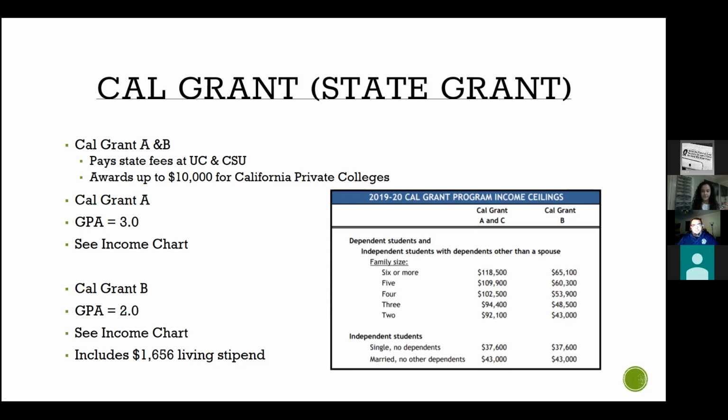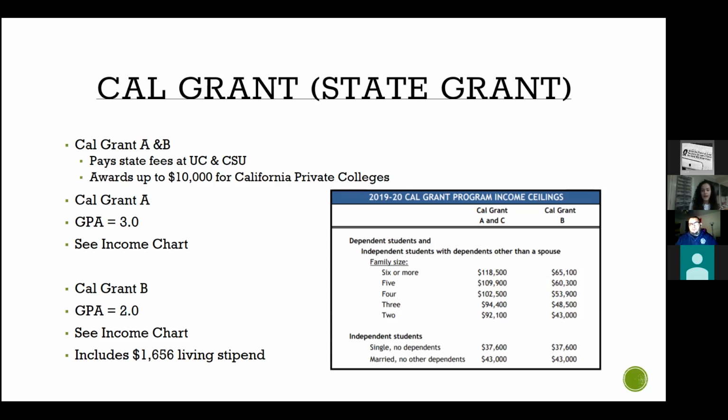At this point, admissions decisions haven't gone out, so unless you have been admitted and you know you're going to that specific university, I would contact each individual university to make sure that you know what to submit and when to submit it by. You would definitely want to submit it before financial aid packages go out, which is about June. They start going out for incoming freshmen, just because incoming freshmen get packaged before returning students.